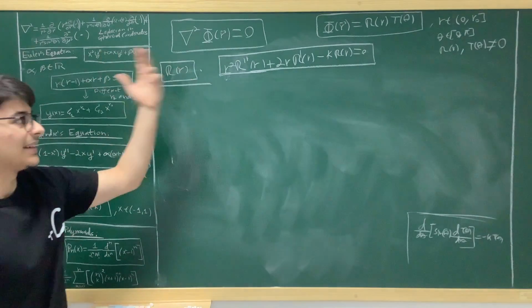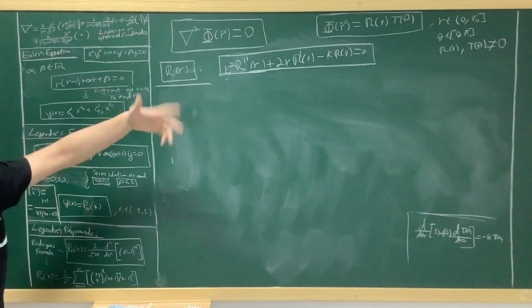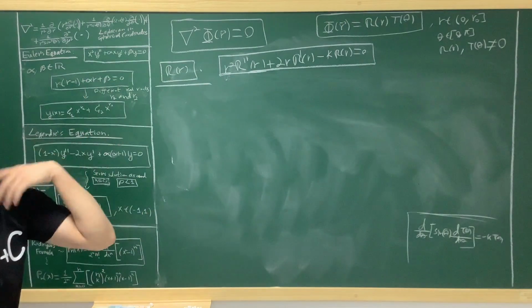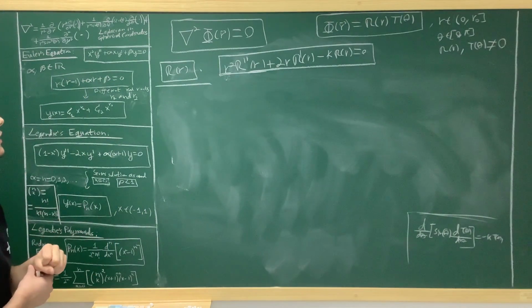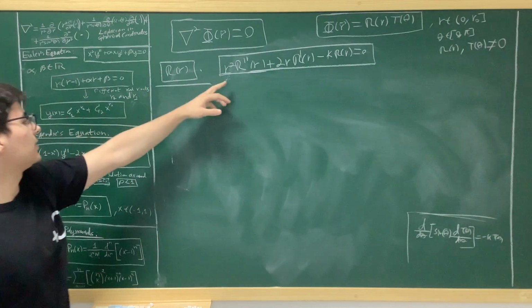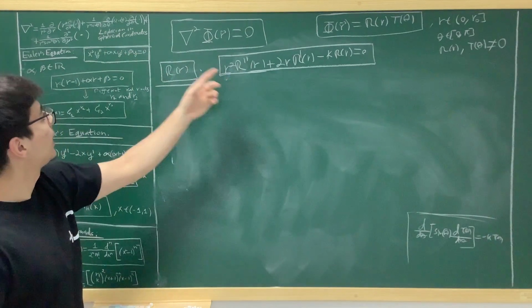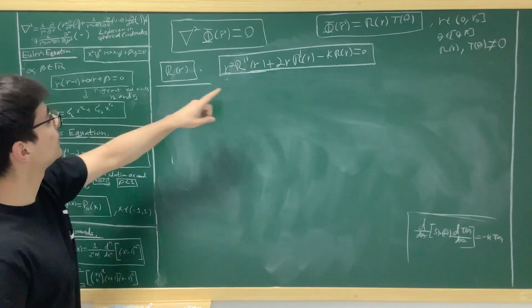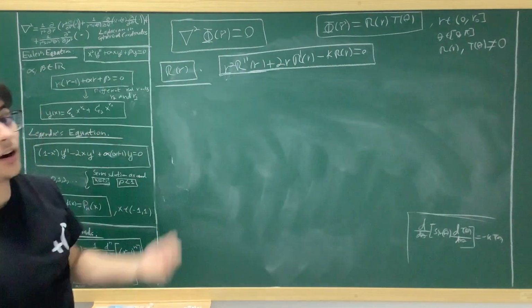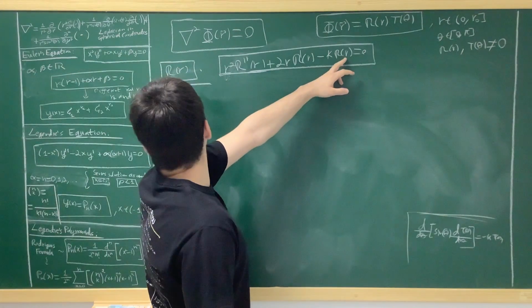So what is this? This is an Euler type ODE. Notice instead of y we have R, and instead of x we have little r, but otherwise it's just the same. x squared, in this case r squared, times the double derivative, plus 2 alpha x, in this case alpha is 2 and x is r, times y prime, plus beta times y.